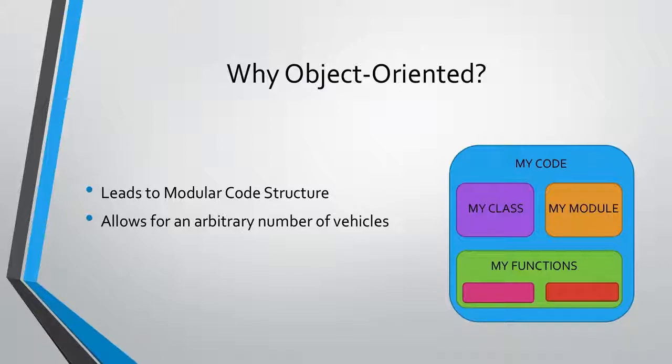The original code was set up for just one vehicle, just one plane flying around and being simulated. But I was able to use the class structure that's easily implemented in Python to make my code scalable to an arbitrary number of objects, which in this case are aircraft and missiles.